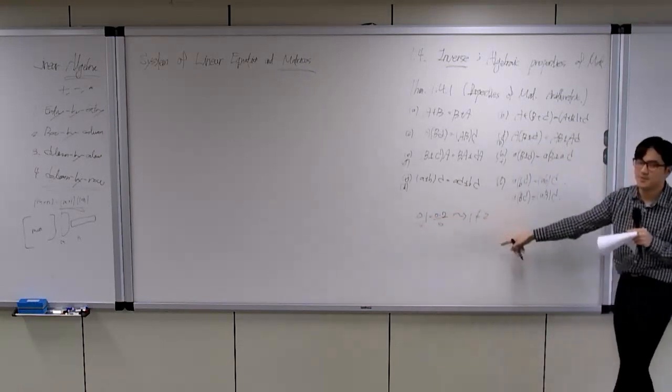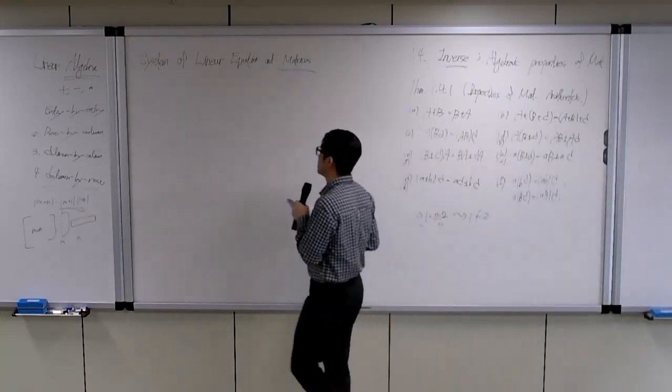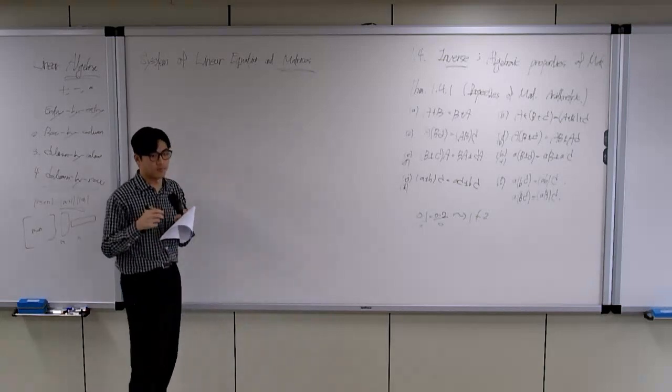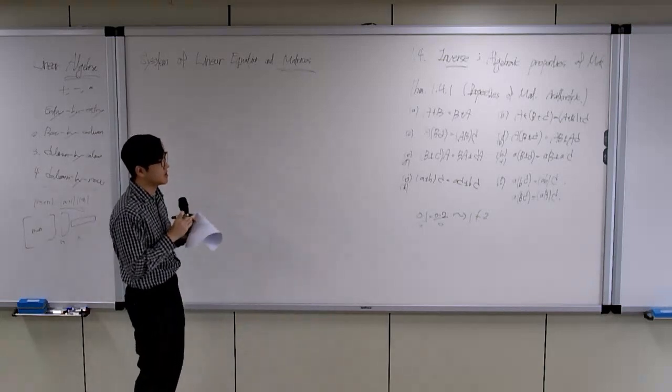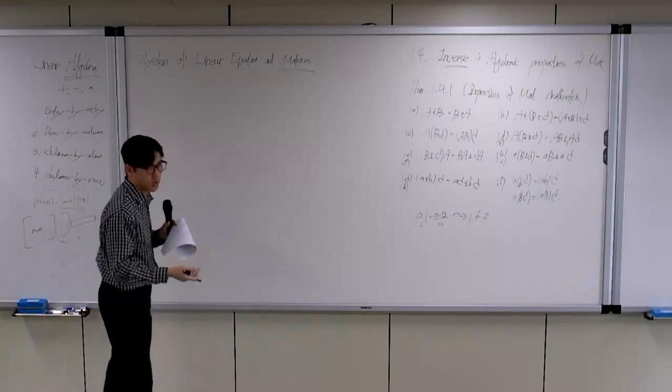We would have 1 equal 2, but it is wrong. So we should be careful about 0, and in the matrix sense it is also important what 0 is.